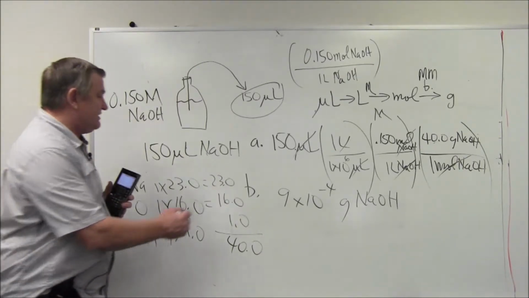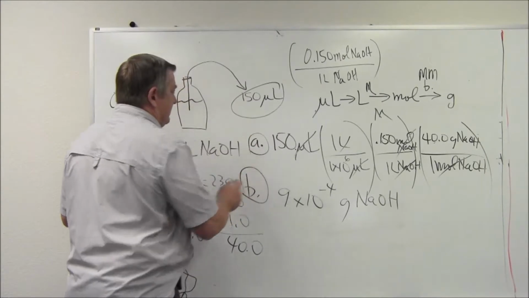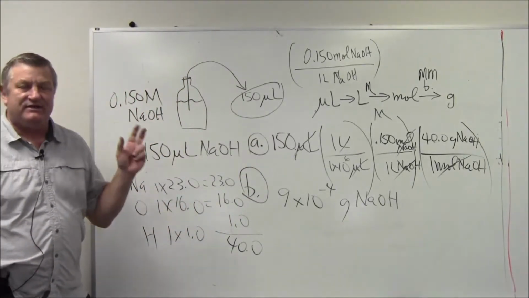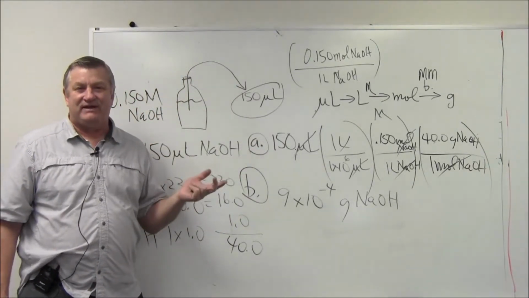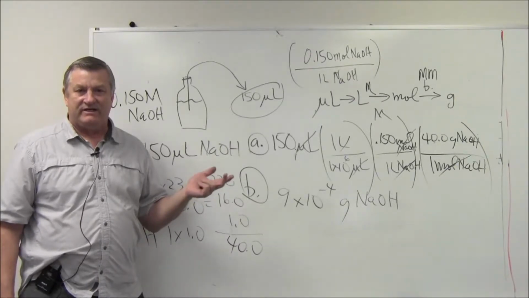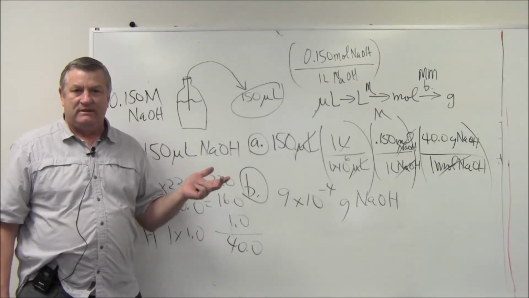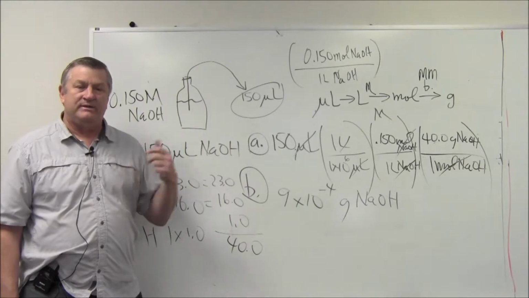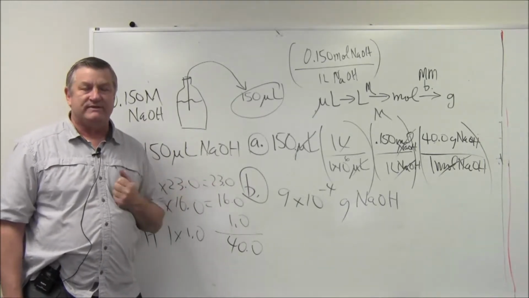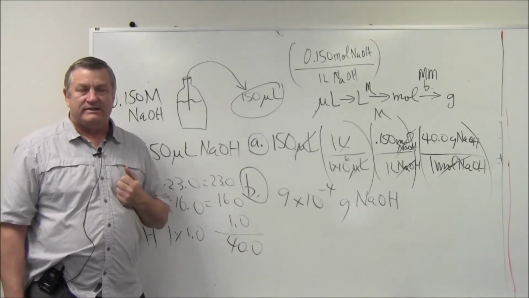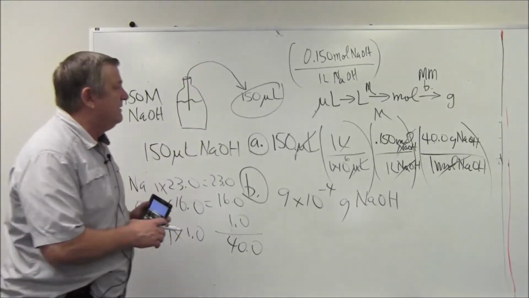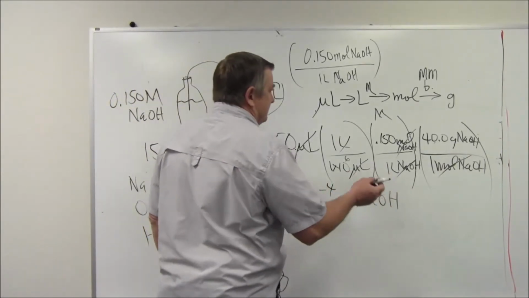And so the importance of this problem is that whenever we label a solution, whatever we do with it, we can always keep track of moles and grams of any solute if we need to by doing conversions. Knowing that molarity is a conversion factor and molar mass, we can go from moles to grams. This is one of the most important types of dimensional analysis in solution.